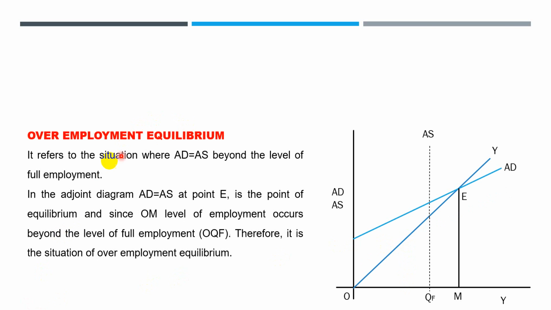Overemployment equilibrium refers to the situation where AD is equal to AS beyond the level of full employment. So the full employment level is here.